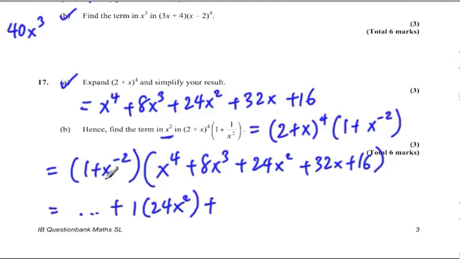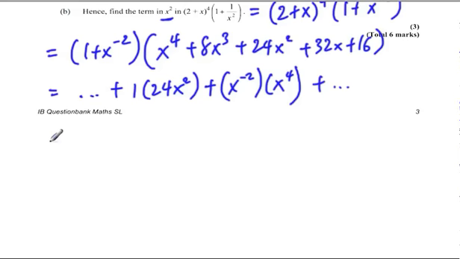And the second one we want is x to the negative 2 times x to the power of 4, because negative 2 plus 4, remember the exponents add, will give you x squared. So it'll be x to the negative 2 times x to the power of 4, and then dot, dot, dot.